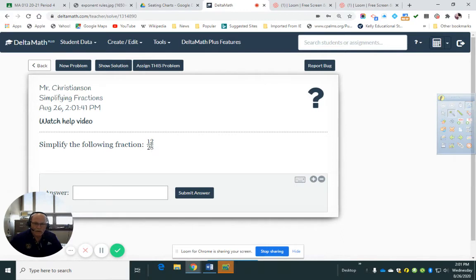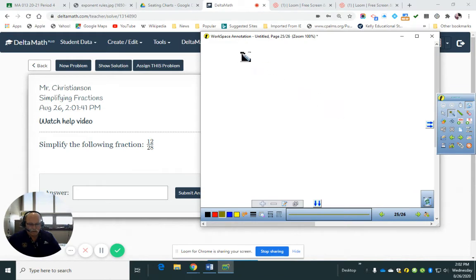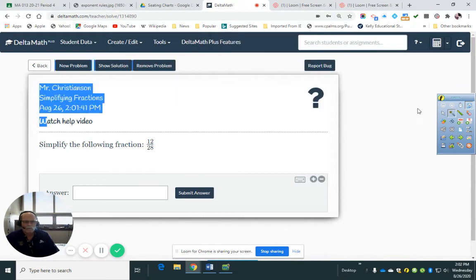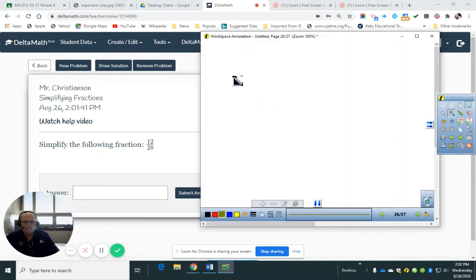So if we look at 12 and 28, we have a common factor, and one way to find that is to list the factor pairs of 12. 1 and 12, 2 and 6, 3 and 4, right? And so I've got those factors, and then list the factors of 28.